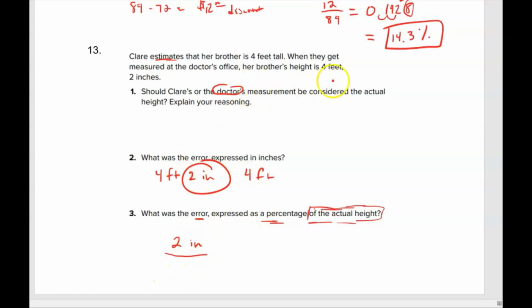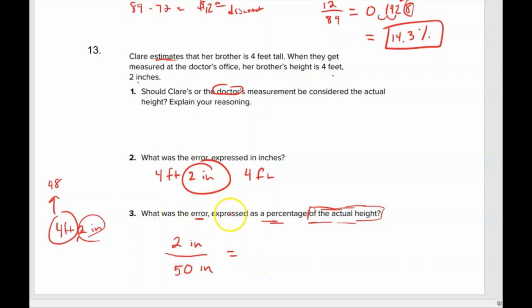The actual height was 4 feet 2 inches, but since the error is in inches, I need to put that in entire inches. So 4 feet in inches would be 48, because there's 12 inches in 1 foot. So 12 times 4 gives me 48. Then if I add those 2 inches on top of that, his actual height is 50 inches.